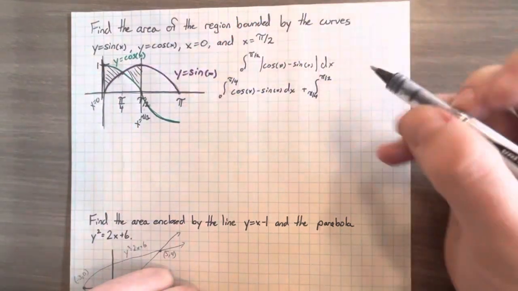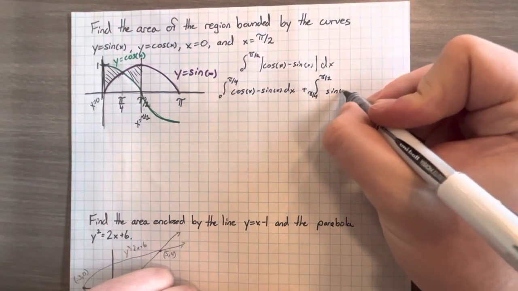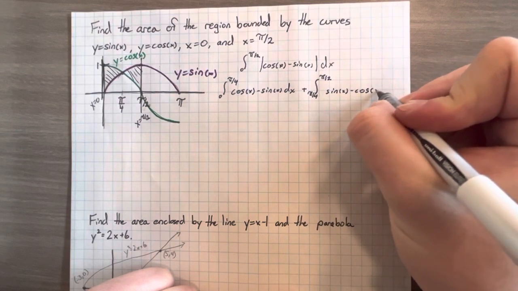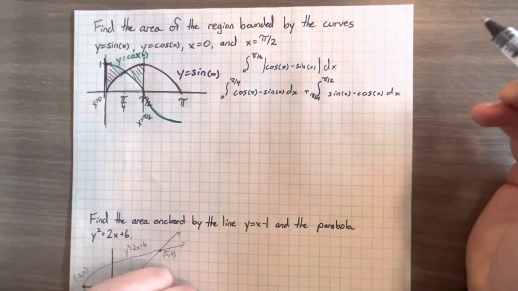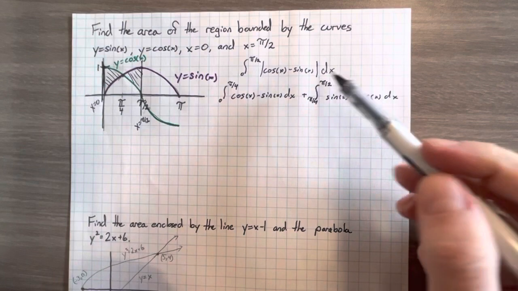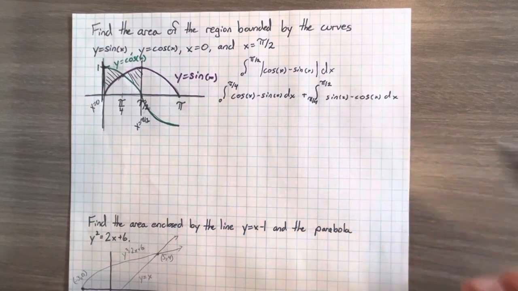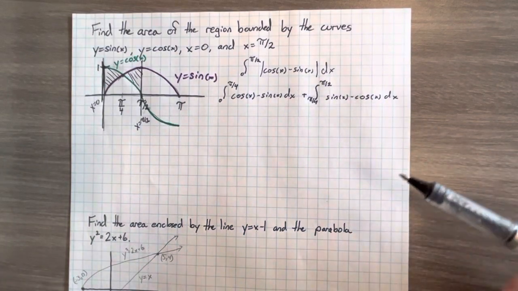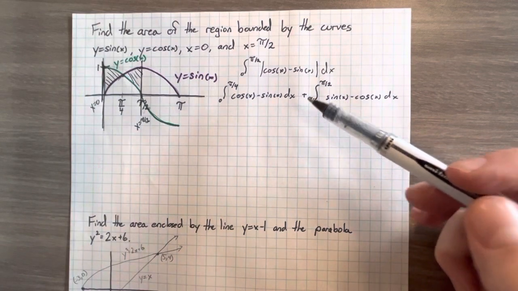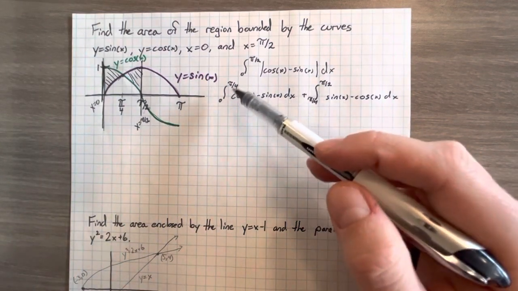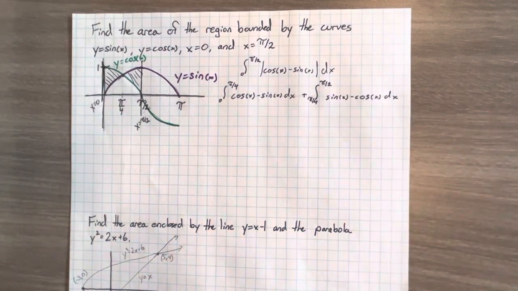Here, it's sine over cosine, so it's sine of x minus cosine of x. And at this point, it's just going through and getting this work done. The hard part here is really the setup, identifying that this is on top, that's on bottom for this interval, and that's what we have here.